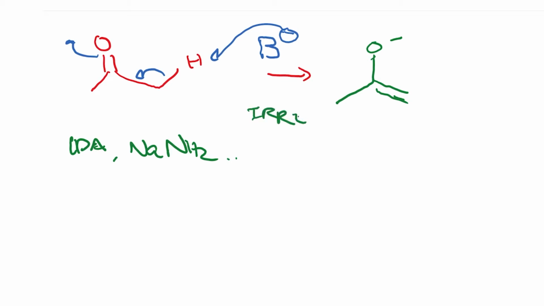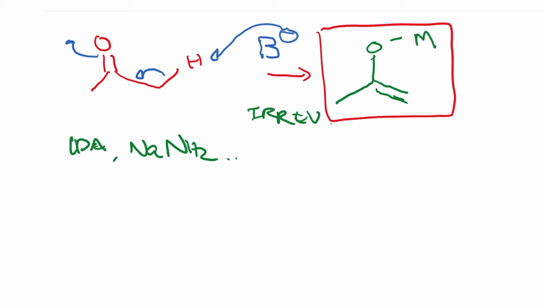That means that the enolate formation does not go back to form the carbonyl compound. So if you adjust the reaction conditions carefully, let's say you go to low temperatures, this can have a very significant population in the solution, right?